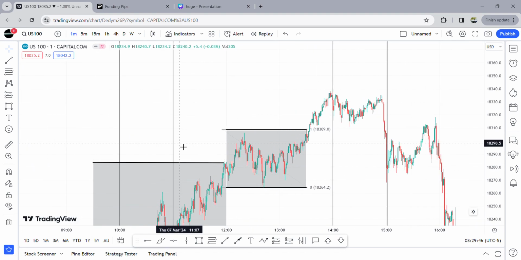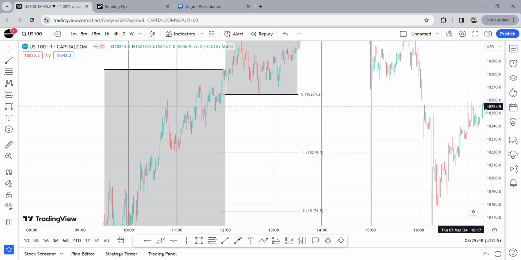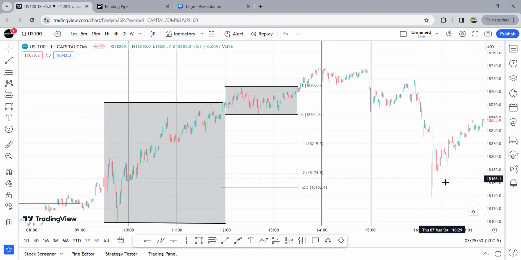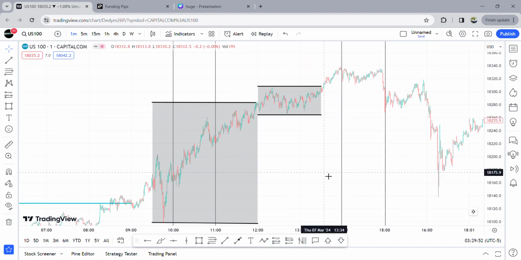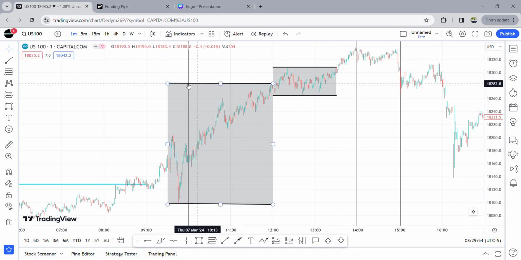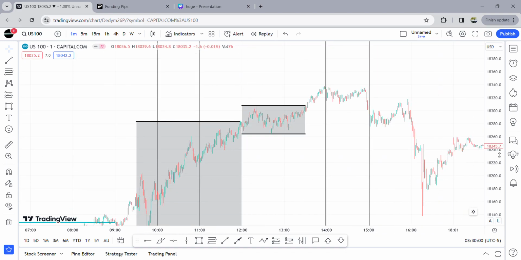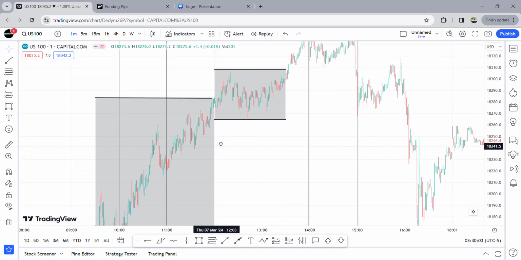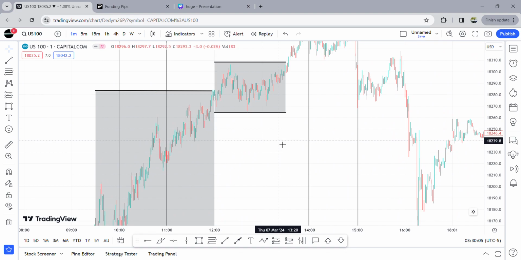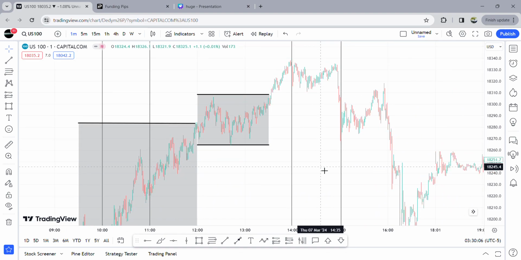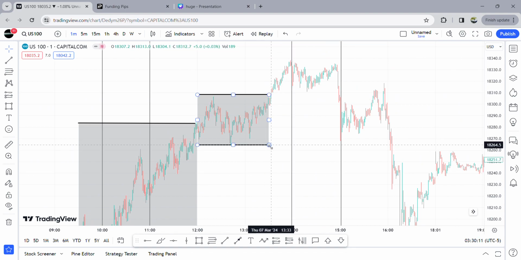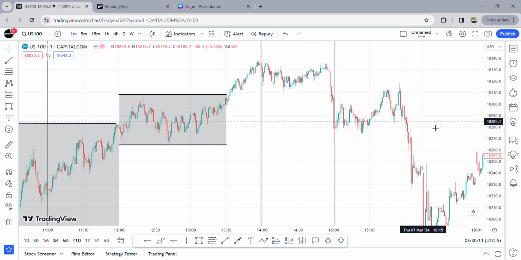So this is what I had marked up on Thursday. I had this range, the 9:30 to 12 or noon. Then I had this range, the 12 till 1:30. And what I'm looking for is a break above the high or break below the low. I don't care which one it is.